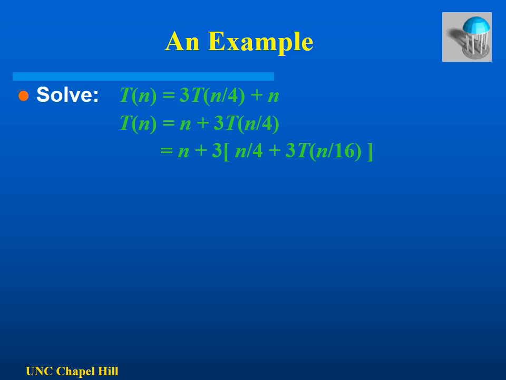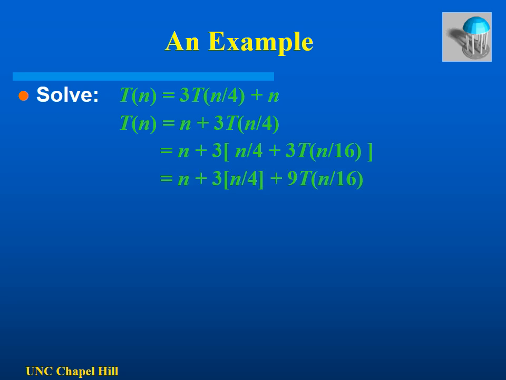So now we've got T of n in terms of n plus 3n over 4 and 3T of n over 16. Now we play the game again, we iterate. So we go down one more level, another division by 4. We plug n over 16 into the right side of the original recurrence relation, T of n equals 3T of n over 4.